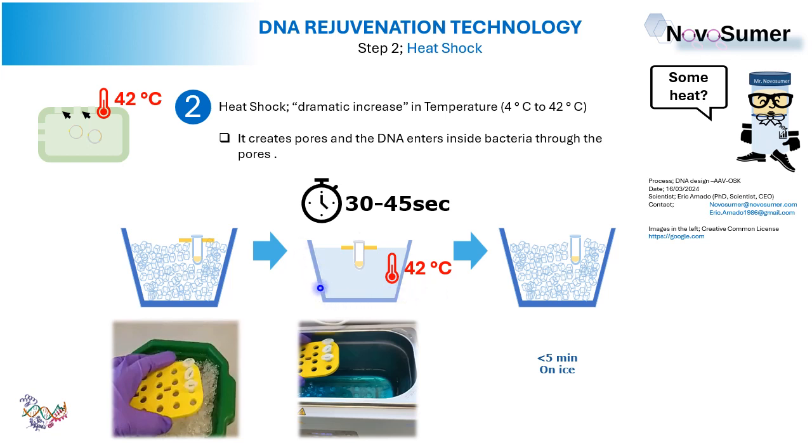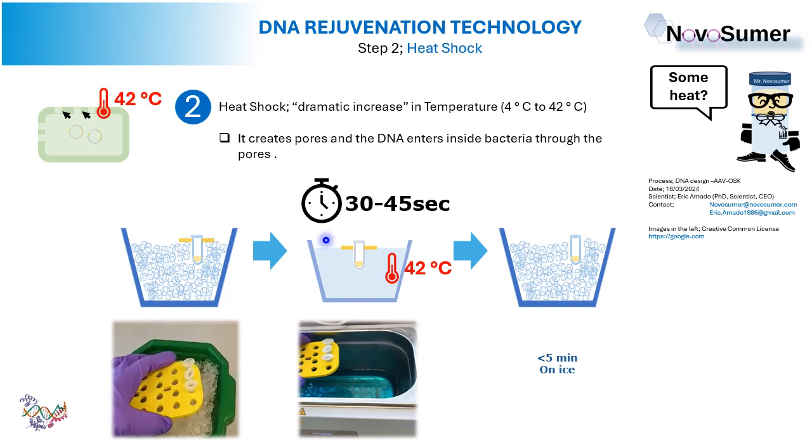This is the representation of a water bath. You see here, above the water bath, you can see the Eppendorf floating thanks to the floater. So the second step is just transferring the Eppendorf with the floater to the water bath. We transfer it and we start the timer.